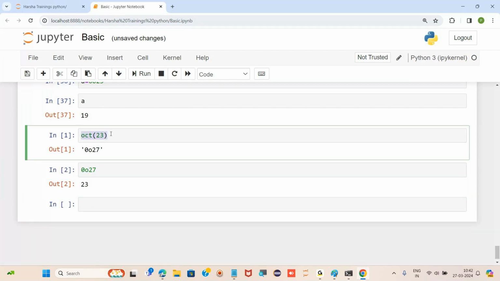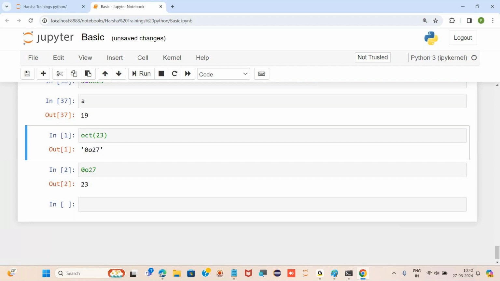After conversion of 23, which is decimal, into octal, we are getting the value 027. The 0 is the indication that we have converted the value into octal.